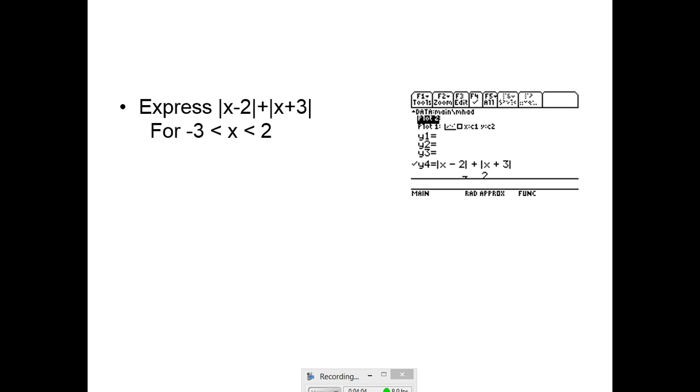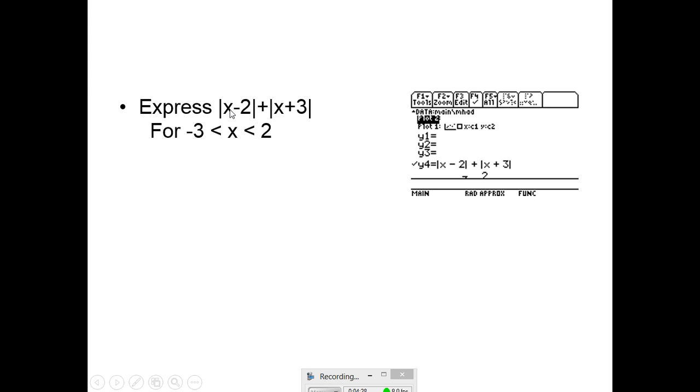So here's one now, and we're going to accompany this with a graph as well to illustrate. For values between negative 3 and 2, what is going on with this expression? We pick any value between negative 3 and 2, and 0 is, of course, a convenient value.